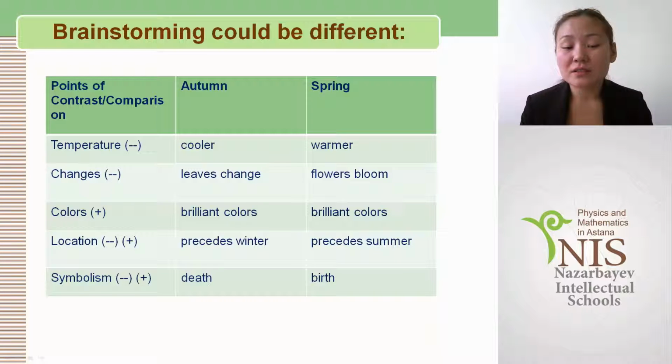The location: it is normally preceded by winter. Autumn is preceded by summer and spring is preceded by winter. And the last thing is the symbolism. Well, autumn is closely associated with death and spring with birth.